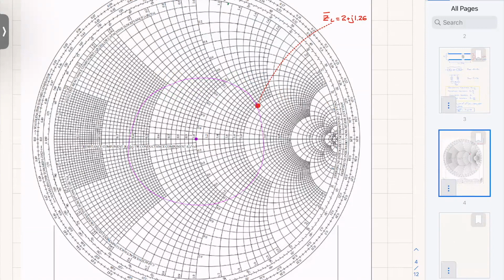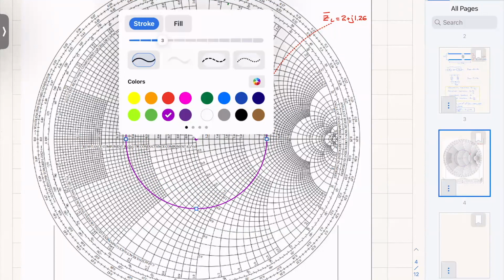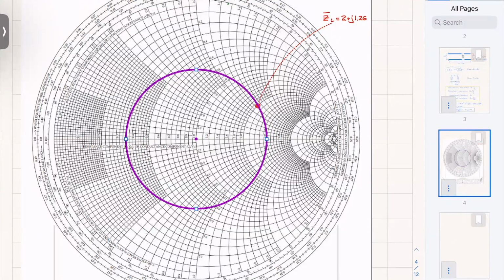Okay, now, so let's, okay. So that is the circle. This is the transmission line circle. All right.